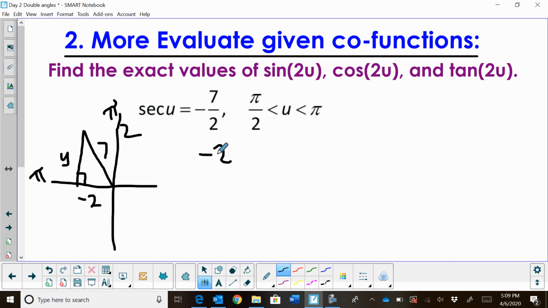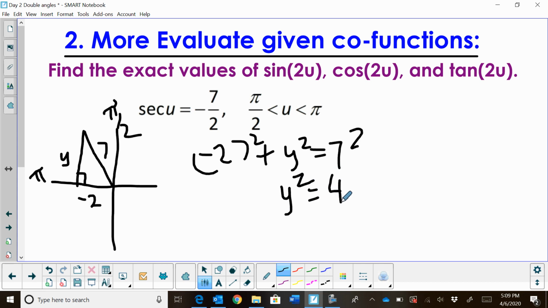So negative 2 quantity squared plus y squared is equal to 7 squared. So we end up with y squared is equal to 49 minus 4. So y ends up being plus or minus the square root of 45, which ends up being 3, what's that going to be?